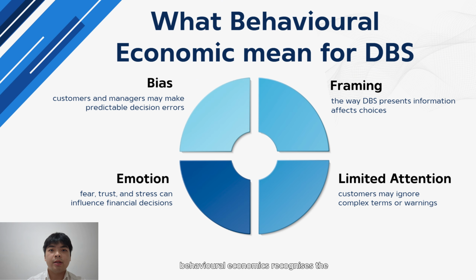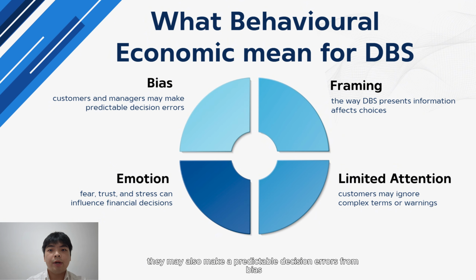Behavioral economics recognizes that customers and decision makers do not always act fully rationally. Their behavior can be influenced by framing, limited attention, bias, and emotions. For DBS, this matters because the way information is presented affects customer choices. Customers may ignore complex terms or warnings.